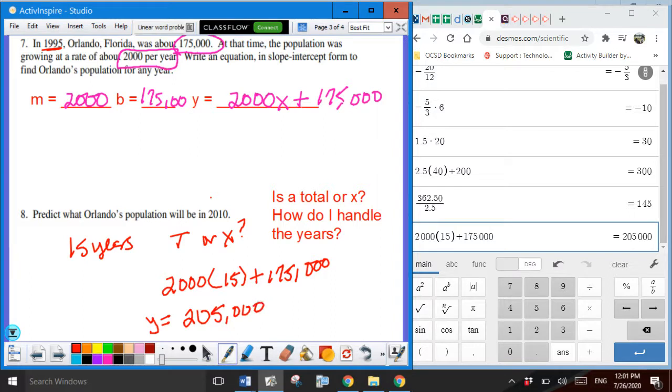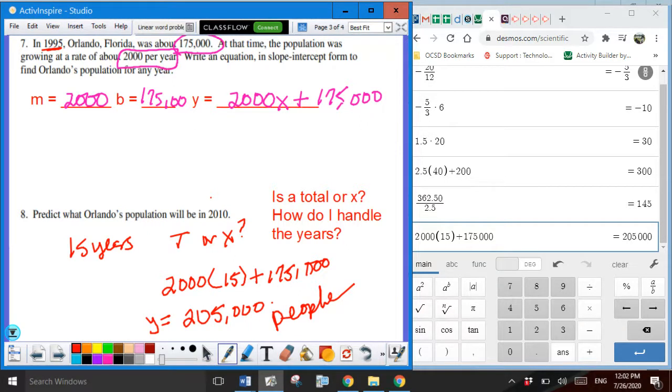So 205,000 what? Bananas? Nope, it's people or population. So it's a population of 205,000 people. I can actually get rid of that 1,000 if I want to and just write people.